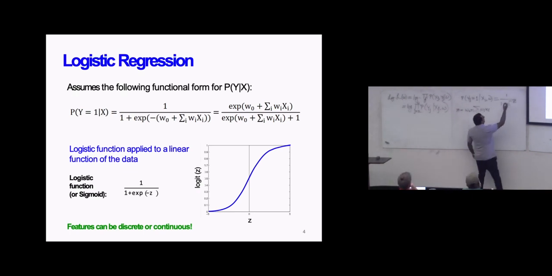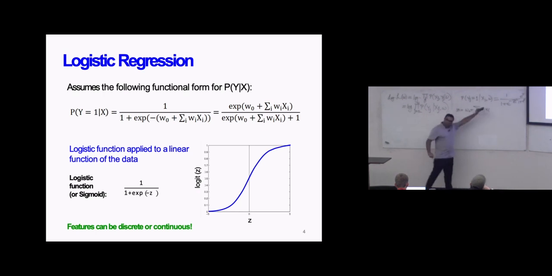So if we multiply, we can write it like this: e to the power z divided by 1 plus e to the power z. I mean, multiplying with e to the power z in the numerator as well as the denominator. It's the same thing, right? Okay? What is the probability of yj equals 0 given xj and w?